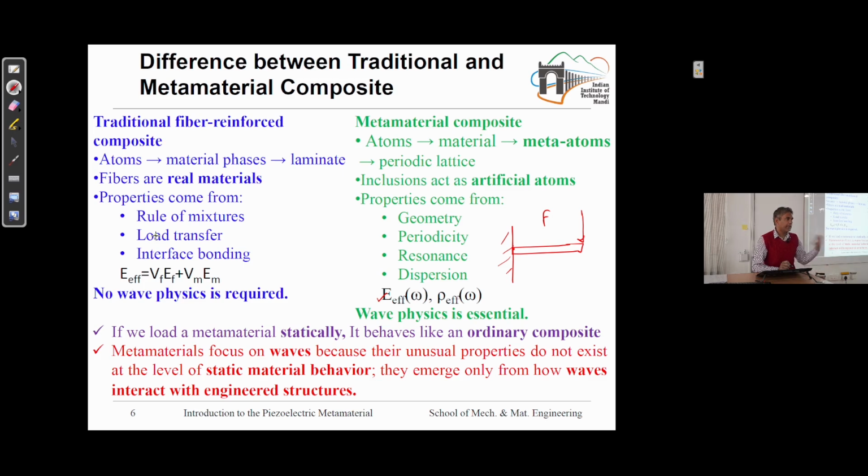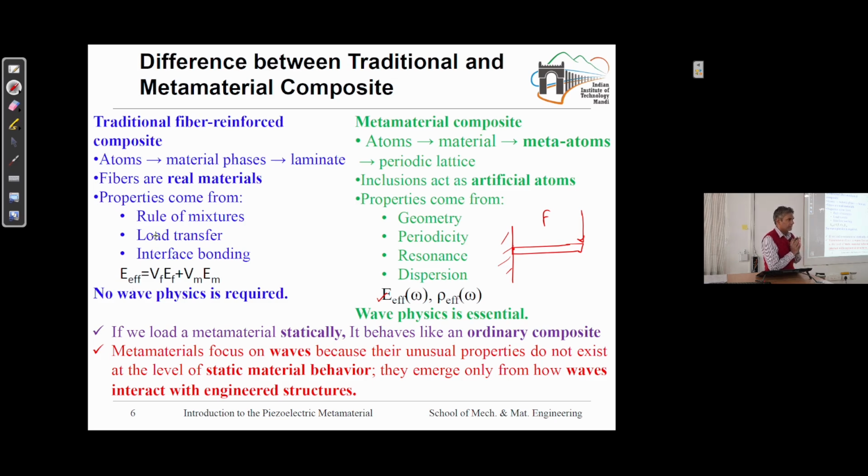We have vibration waves, sound waves, even heat waves. If you have heat with fluctuations, or transient heat, then you will have fluctuation in the heat, and we can say heat waves. So wherever we have waves, we can use metamaterial.